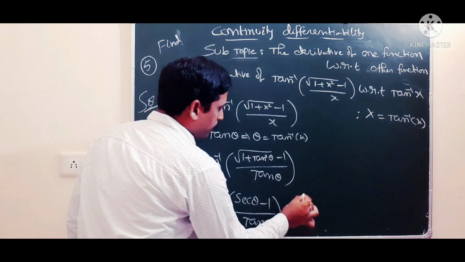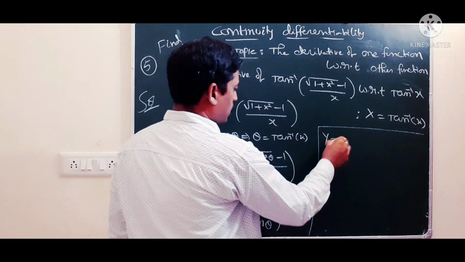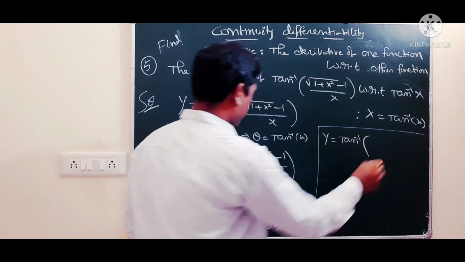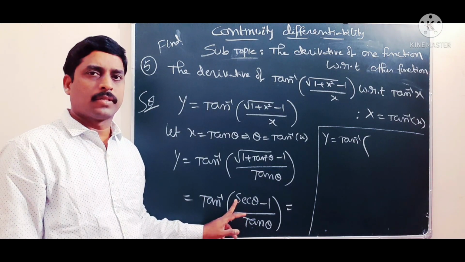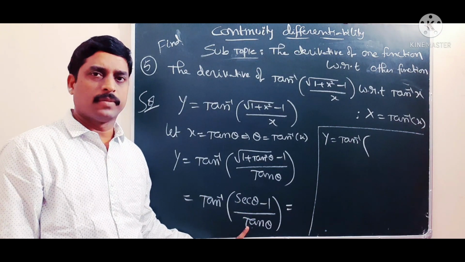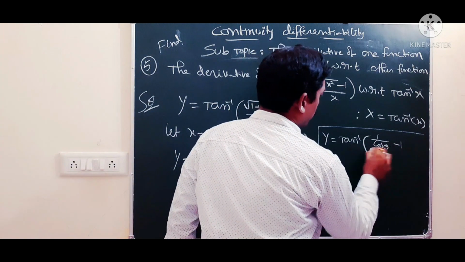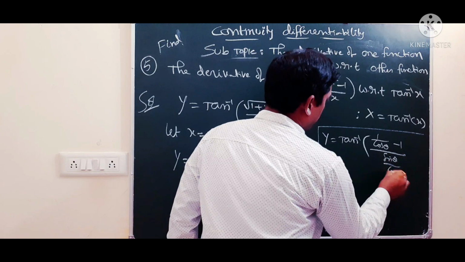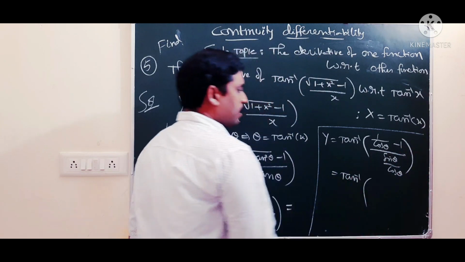So y is equal to tan inverse of secant theta minus 1 by tan theta. We have secant theta is 1 by cos theta, and tan theta is sin by cos. So 1 by cos theta minus 1 by sin theta by cos theta. Let us do the LCM.